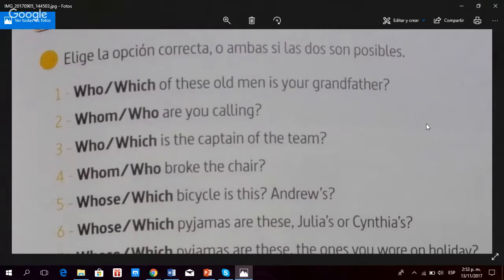If the answer is with his or him, them. So the answer here is who. Who broke the chair.